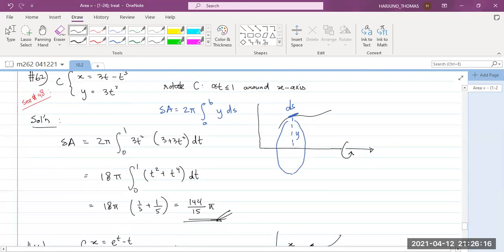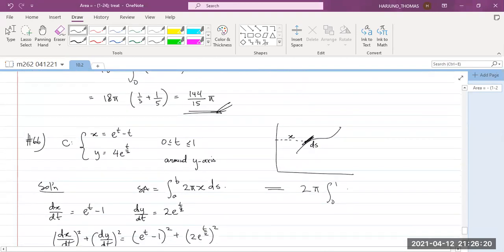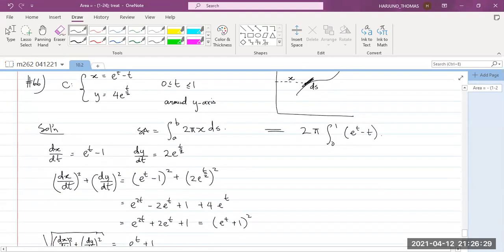Okay, what's my x? My x is e to the t minus t. My ds is e to the t plus 1 dt. That's it. Anything after that is technique of integration.